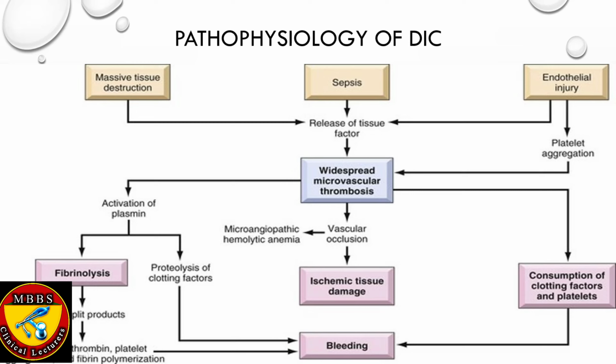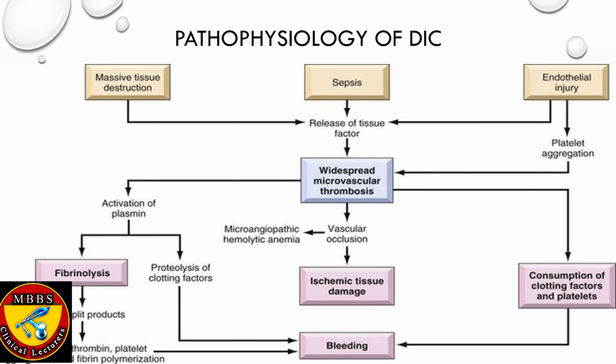So there is widespread microvascular thrombosis. Moreover, the endothelial injury causes platelet aggregation, and these platelets are utilized by the thrombi. So multiple thrombi are formed in the circulation which causes occlusion of the blood vessel. This occlusion would cause ischemic damage to the tissue the blood vessel is supplying.